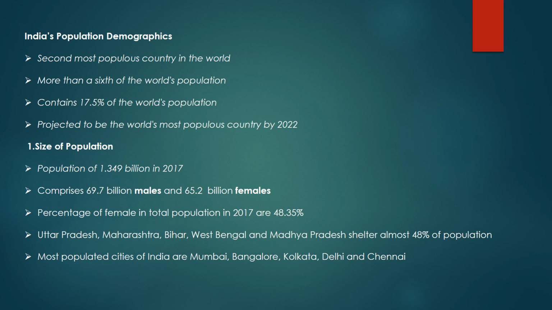This indicates an unfavorable gender ratio in the country, which means the male population is more as compared to the female population. The states which have almost 48% of India's population are Uttar Pradesh, Maharashtra, Bihar, West Bengal and Madhya Pradesh. Whereas the most crowded cities in India are Mumbai, Bangalore, Kolkata, Delhi and Chennai.